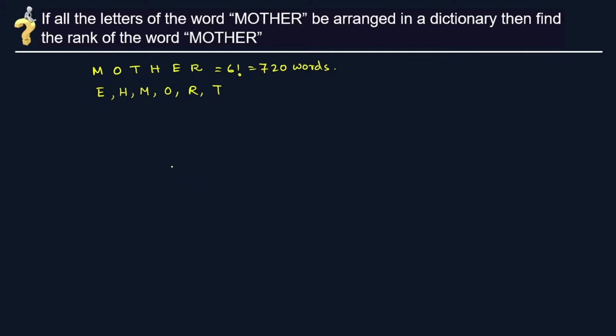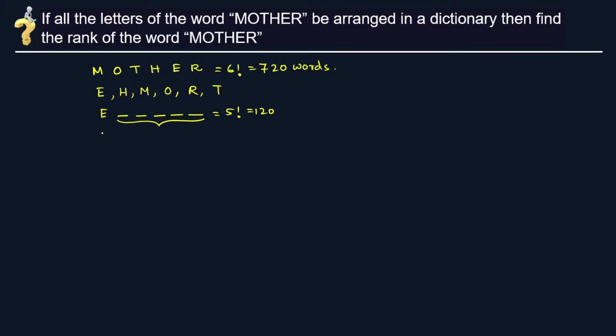So whenever you are putting all those 720 words in the dictionary, naturally the first words that will come will start with E. So how many such words are there? First you place E, and then the remaining 5 places can be arranged in factorial 5 different ways. That is 120 words. So all these 120 words start with E, so they take the first places in the dictionary.